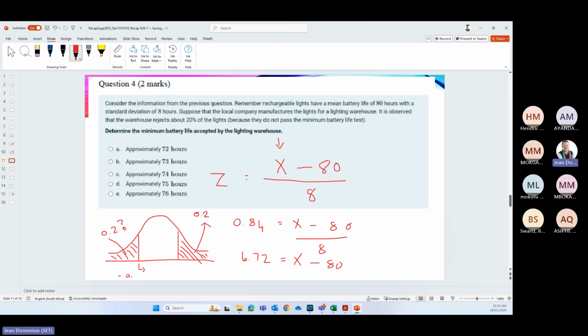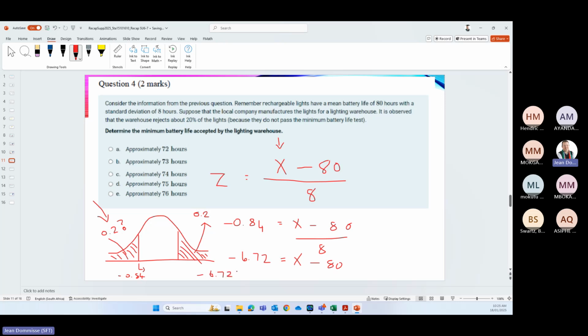We're looking at this: minus 0.84. Minus 0.84 times 8 is minus 6.72.